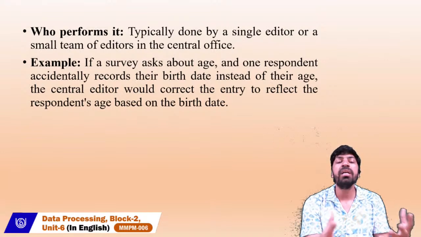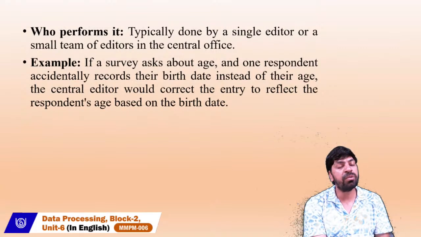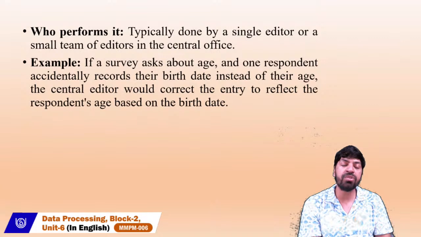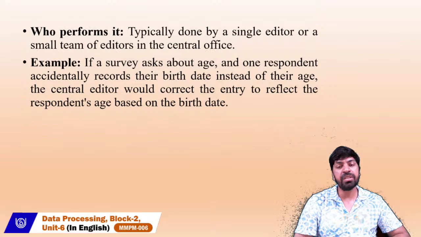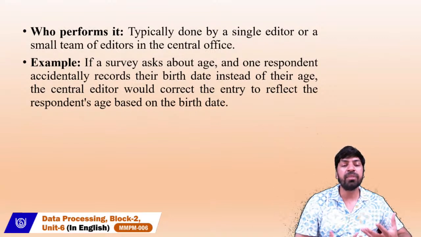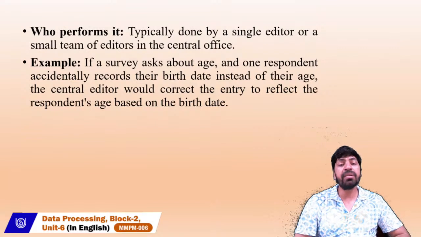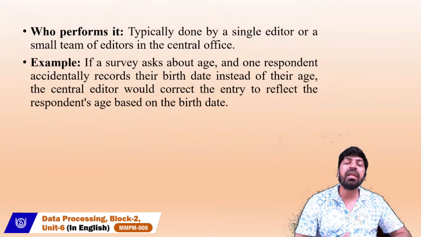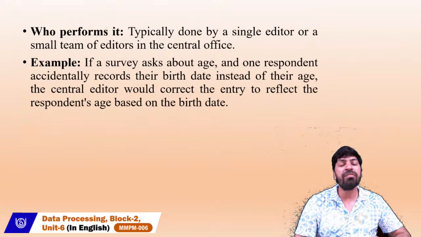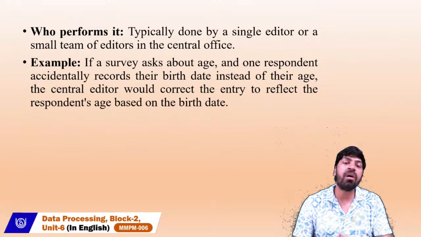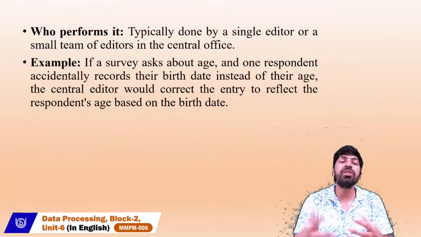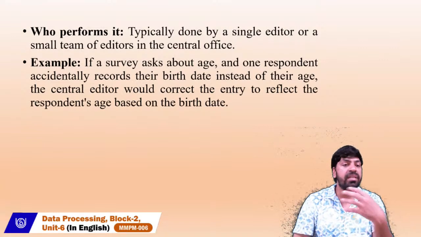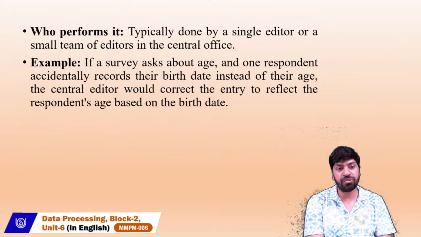This is the work the central editor does when correcting or modifying data. Similarly, if a respondent has answered the income level instead of occupation, then based on the income level or the business activity, the occupation can easily be identified, and in this way the central editor corrects the entries.